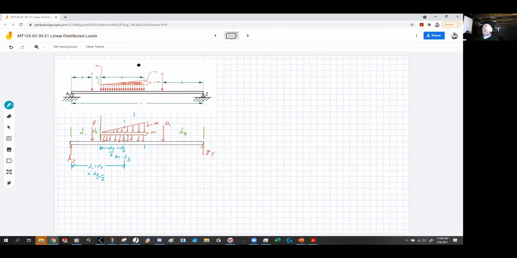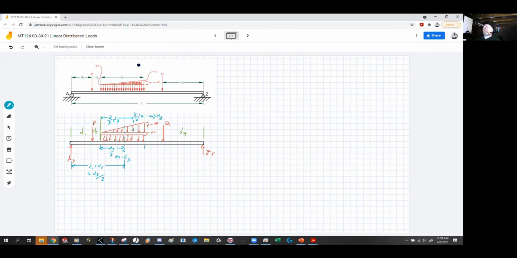We have another phantom force here, and it would be 2/3 D3 to that point, and its total load would be 1/2 of N minus M, because it's a triangle, 1/2 N minus M times D3.